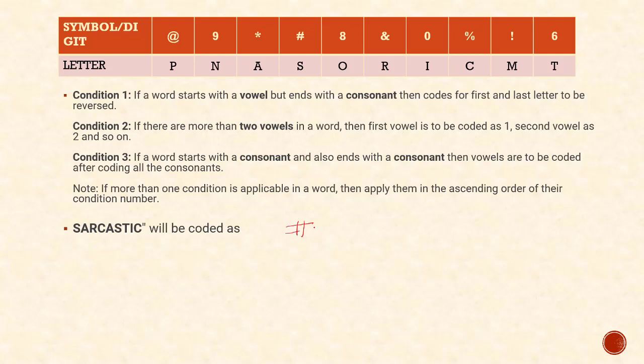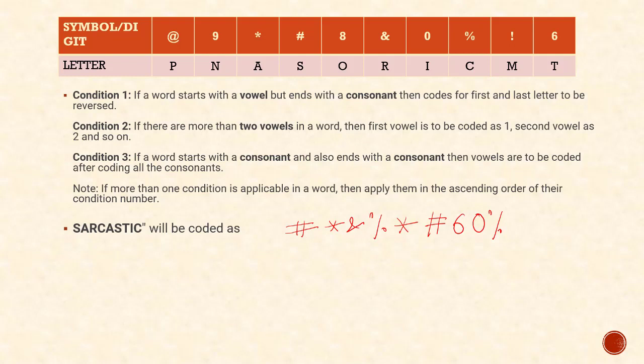So S is #, then *, R is &, C is %, A is *, S is #, T is 6, I is 0 and C is %. This is only by using the matrix. Now we will apply the conditions.